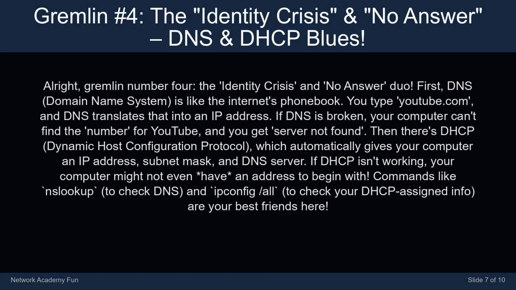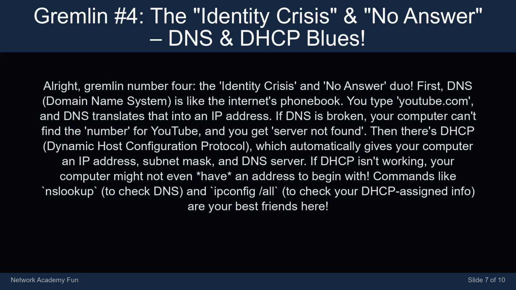Alright, gremlin number 4. The identity crisis and no answer duo. First, DNS, domain name system, is like the internet's phone book. You type youtube.com, and DNS translates that into an IP address. If DNS is broken, your computer can't find that number for YouTube, and you get server not found.